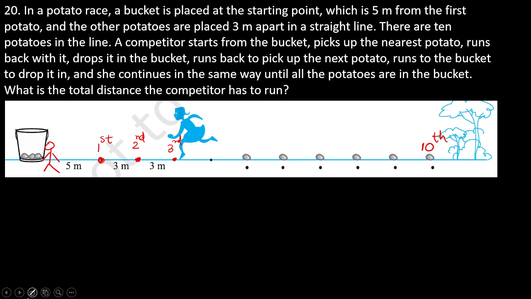So in order to pick up the first potato, what is the distance? Distance to be traveled for the first potato. I don't want to write a longer sentence. Long sentence is not required.